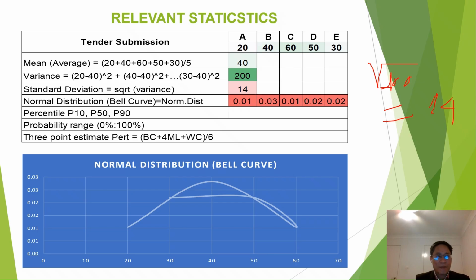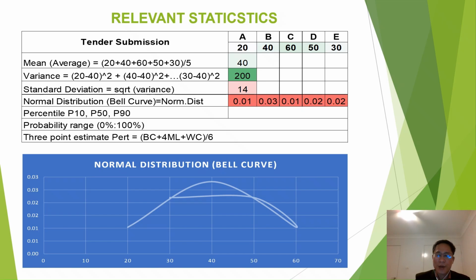And another very important parameter is the percentile. Here we have percentiles P10, P50, P90. It is basically the percentage chance that a cost will happen.